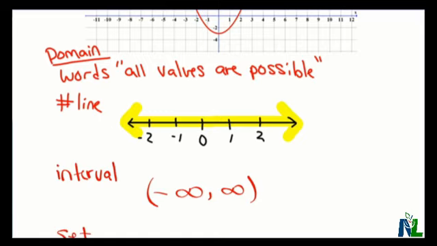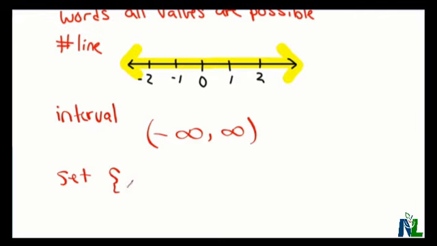And then to write it in set notation, we would say that the x values that are possible are all real numbers. So we've expressed the domain of this graph 4 different ways, using words, a number line, interval notation, and set notation. And we'll do the same thing for the range.